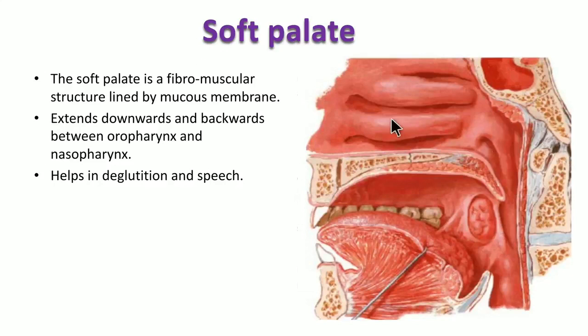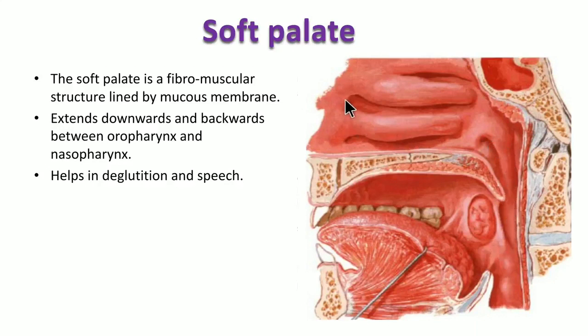Posterior to the nasal cavity, what you see is the nasopharynx. Posterior to the oral cavity, what you see is the oropharynx. So there is a communication between the nasopharynx and the oropharynx.